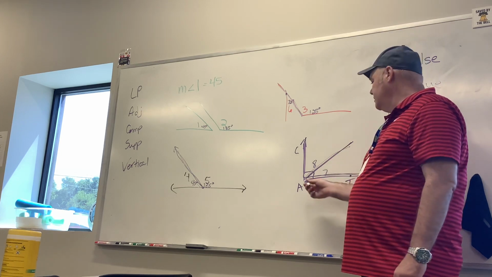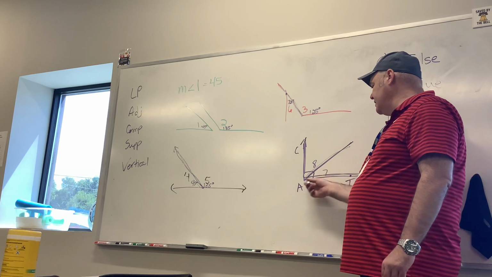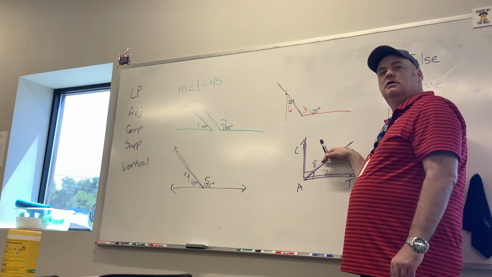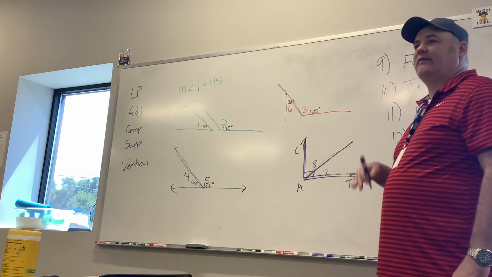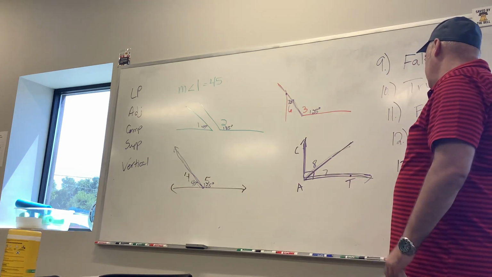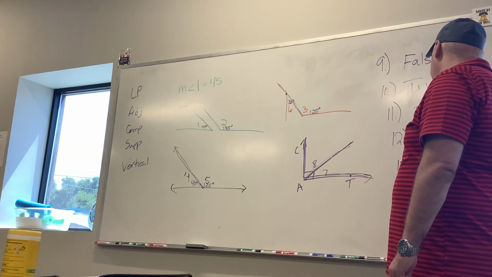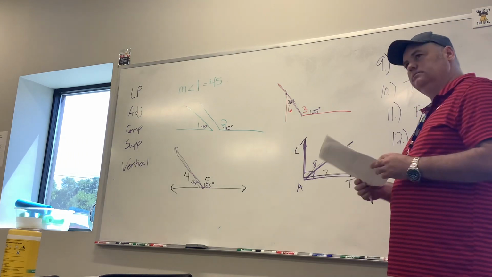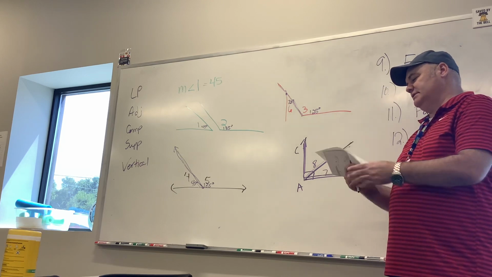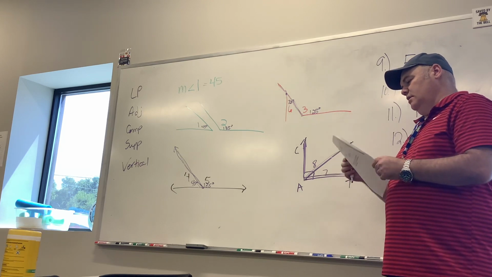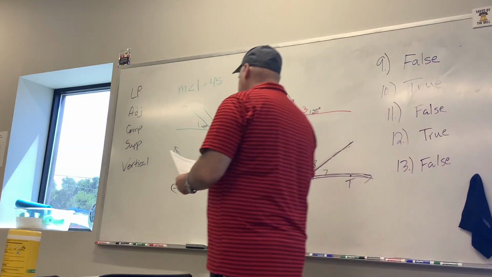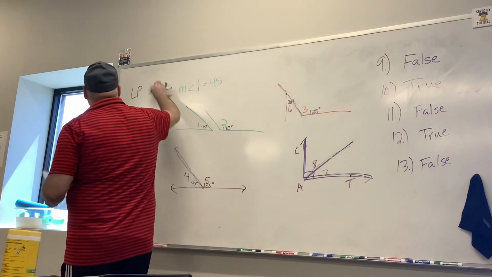Now, remember, they do share a vertex, they do share a side, they share this bottom, but 7 is inside of CAT, so you can't have one inside and be adjacent, so that is false. They are not adjacent. I remember you saying that a little ago. Yeah, you can't live inside and be adjacent at the same time. Yeah.